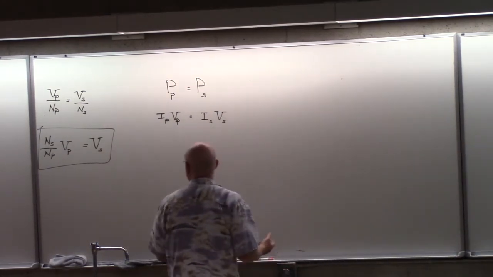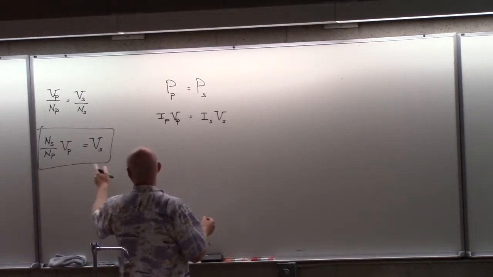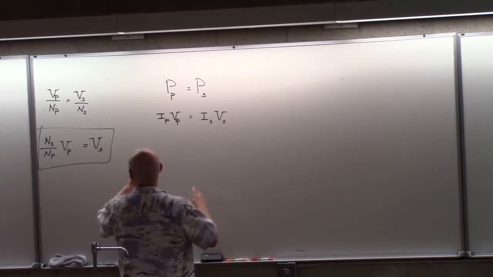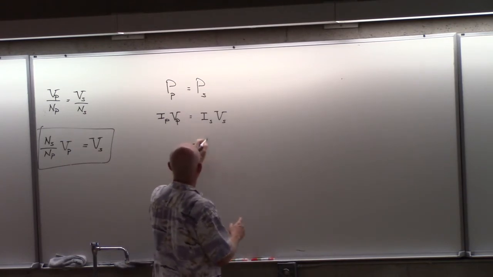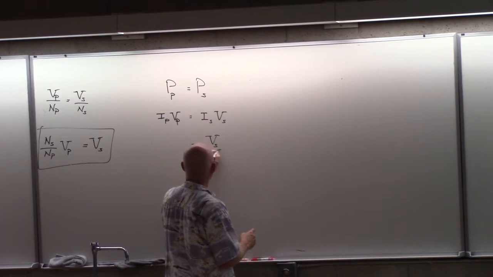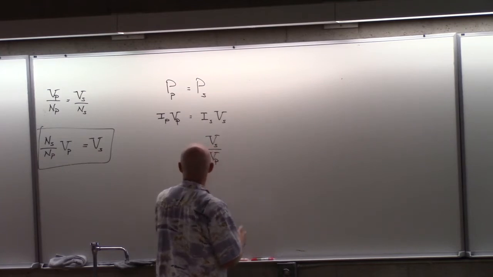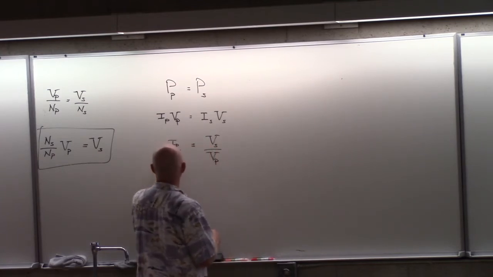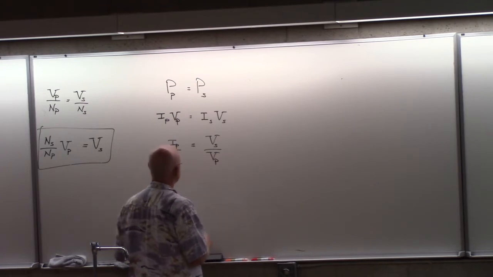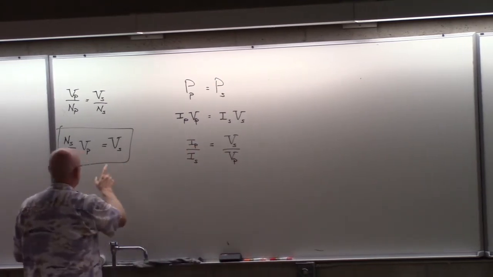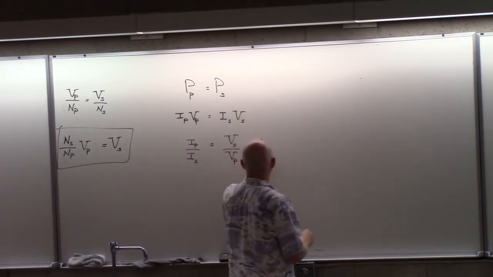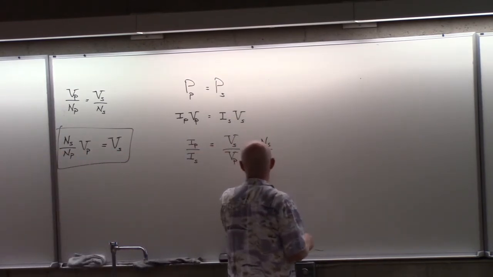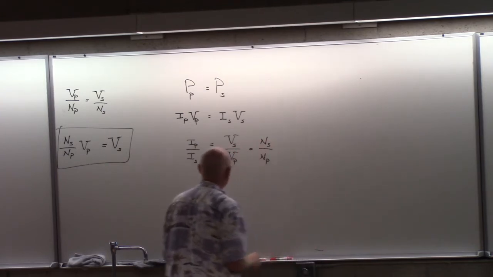I like to write it this way: if you come back and remember here, maybe I'll write it as Vs over Vp, and on this side Vp over Vs. Then you can come back and look at here, Vs over Vp would be Ns over Np.